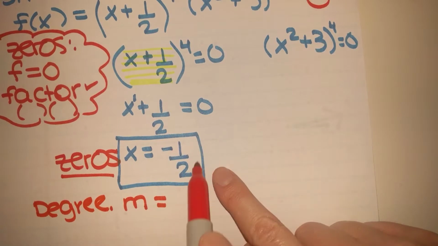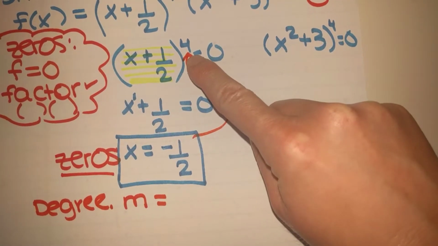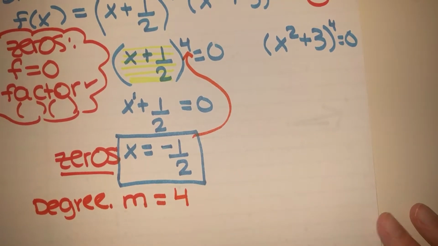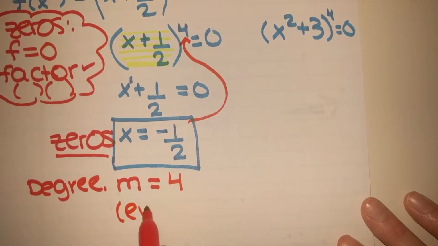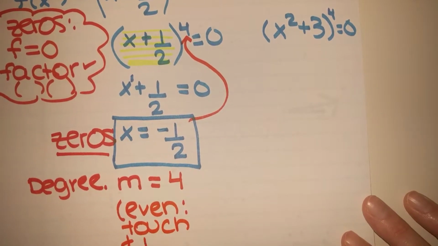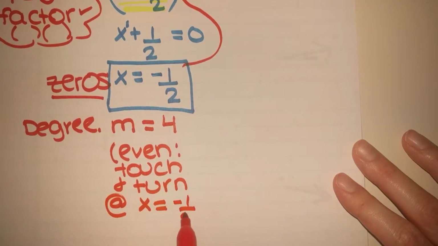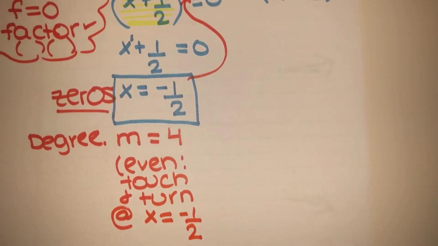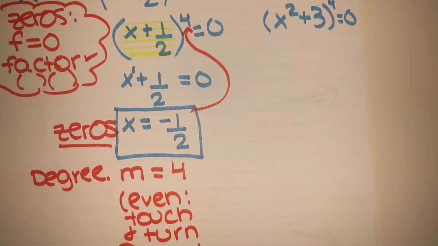So if we go back to where we got this negative 1/2 from, it came from a degree of 4, so m would be equal to 4. And that would tell us that because it is even, it will touch and turn at that x-intercept. So it will touch and turn, because it's an even multiplicity, at the zero of negative 1/2. All right, so from the first factor here, we get negative 1/2. It's a zero. It touches and turns at x equals negative 1/2.